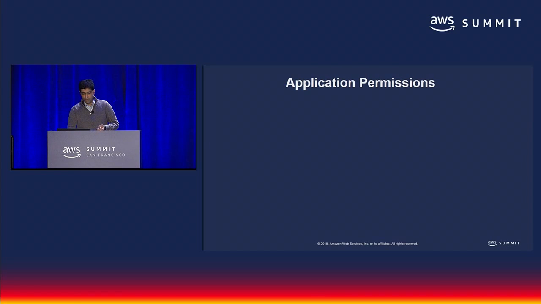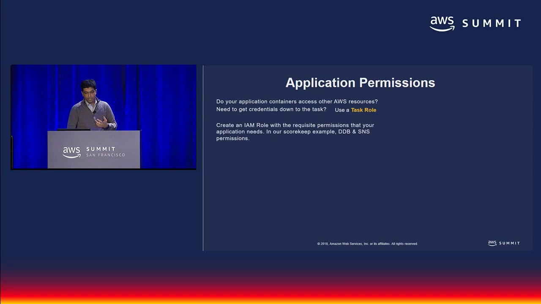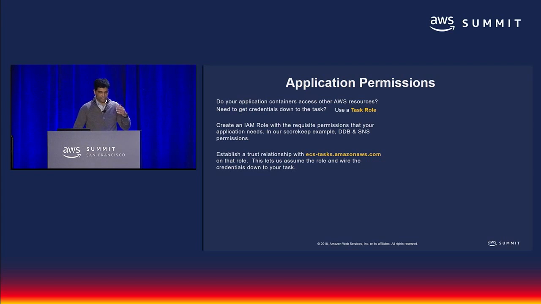From an application permissions point of view, this is the task role that I was speaking about. In this case, your application runs under a particular role which you want us to run it as. So just like your EC2 instance can run as a role, there's the same concept here. If you want to be able to get credentials down to your task or access other services, as I mentioned earlier, like a DynamoDB table or SNS topics, you want to use application permissions, or what we call a task role.